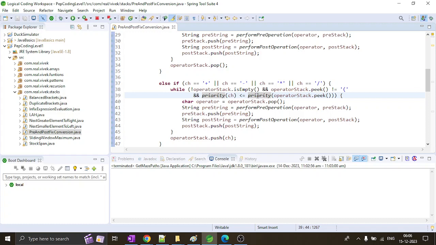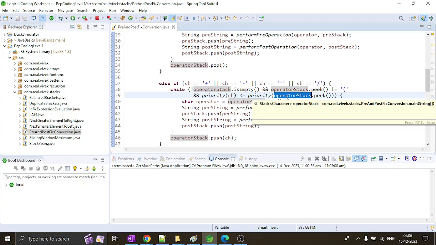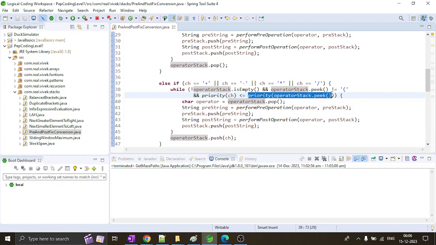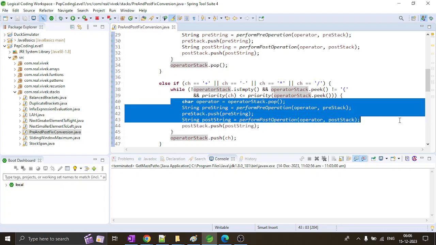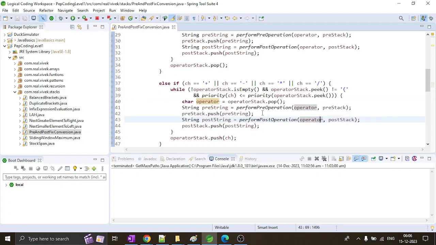And if we had the same priority, like multiplication as ch and in the operator stack we had a division sign, the operation to the left must be performed first. So it made sense to evaluate that first, and that is where we evaluated the expression by popping the operator stack and performing the operation.